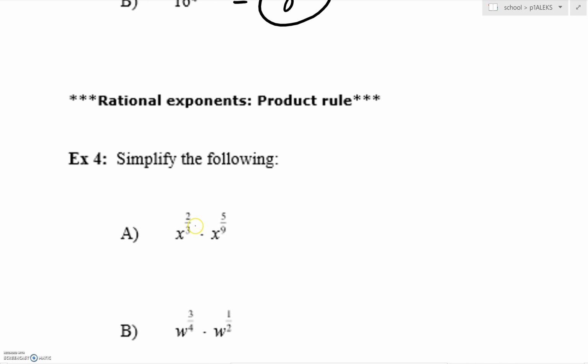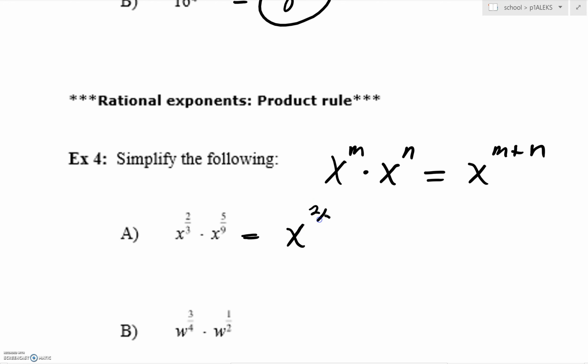Take a look here. If I had x to the 2/3 times x to the 5/9, you might remember from an earlier chapter, x to the m times x to the n. This is where you add your powers together. So take 2/3 plus 5/9. You can add this by hand, or you can add this via your calculator.